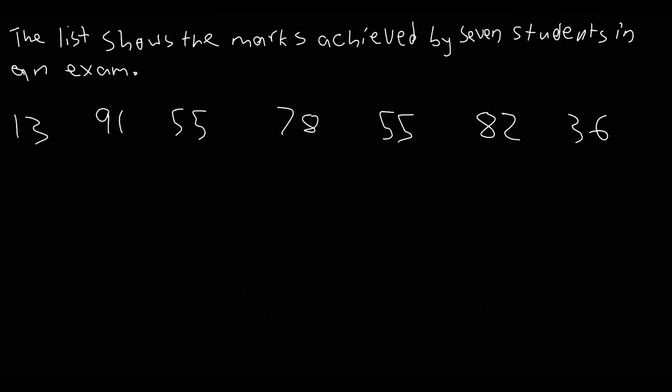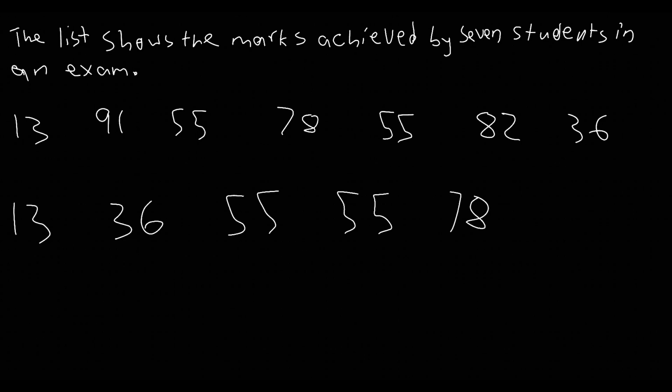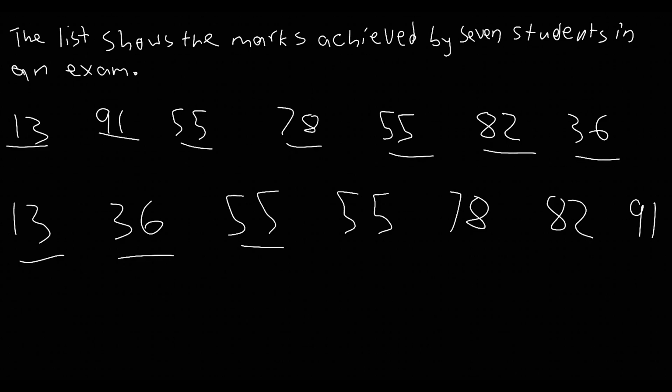First I have 13, then 36, then 55 and 55 again, and then 78, 82, and 91. I can make sure I haven't made a mistake by checking that there are 7 numbers: 1, 2, 3, 4, 5, 6, 7. Now that my dataset is in numerical order, let's learn each type of average.